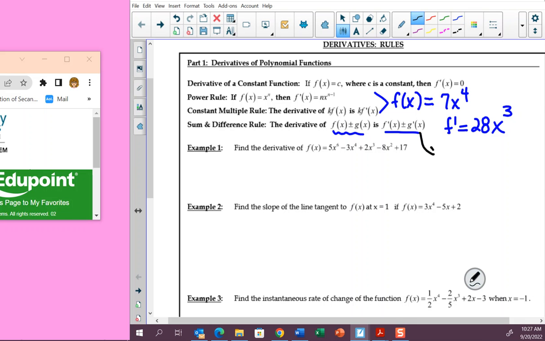So that means if I had y equals x cubed plus x squared, my derivative would just be the derivative of each of those terms individually, 3x squared plus 2x.